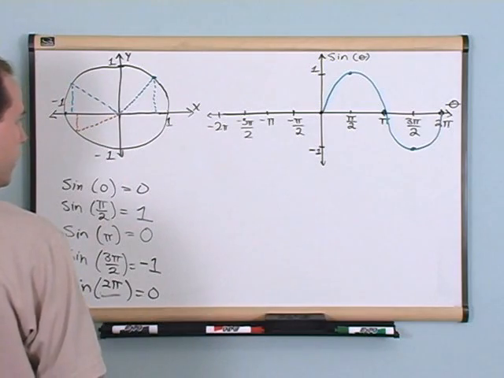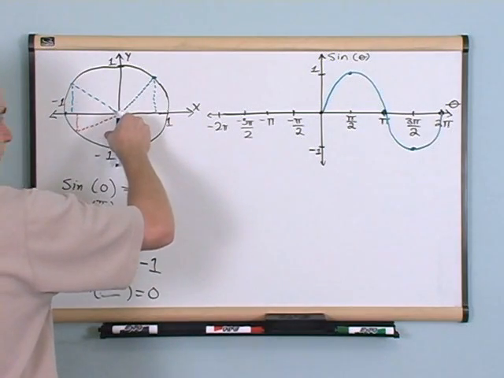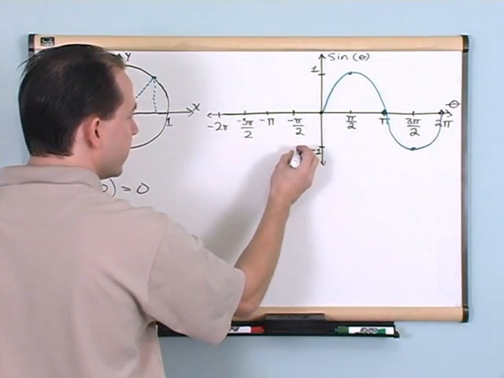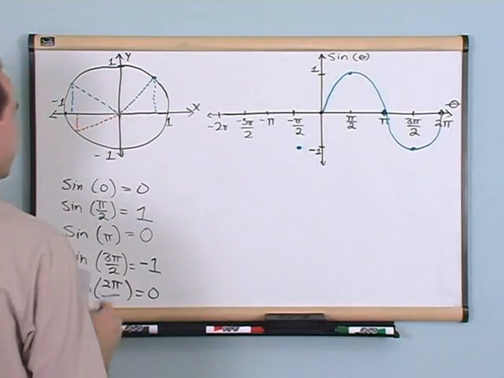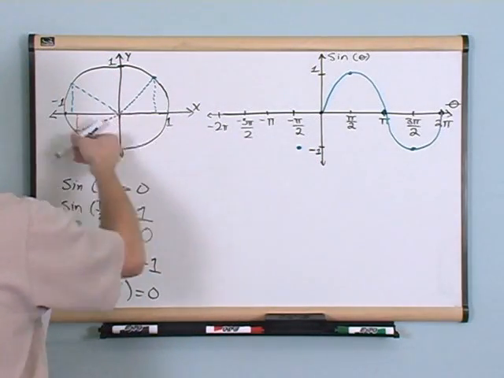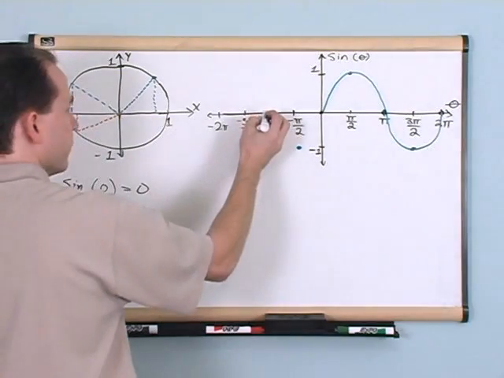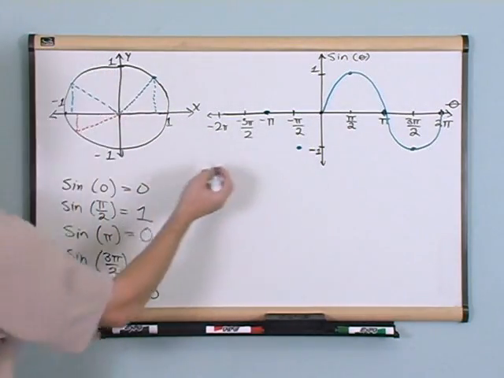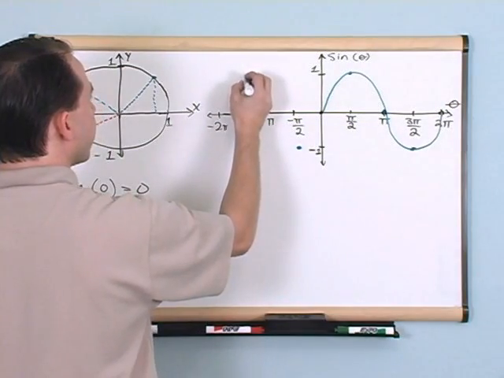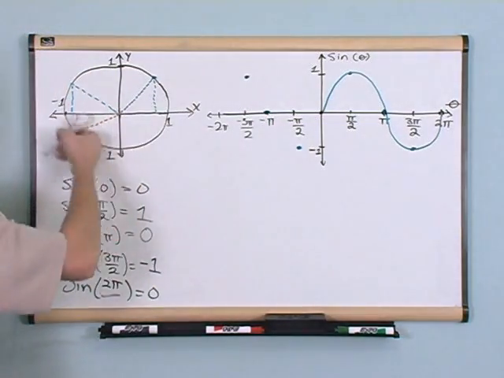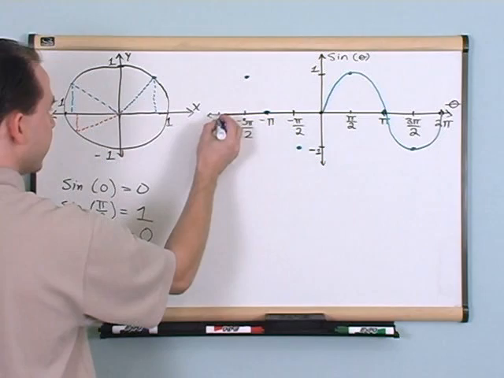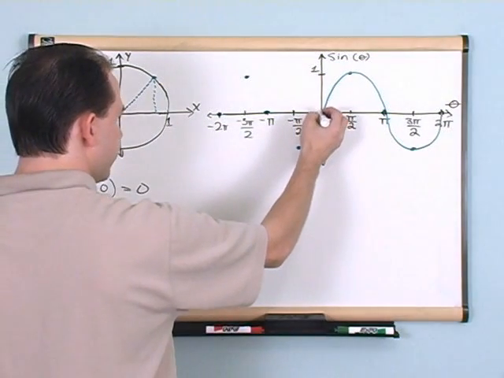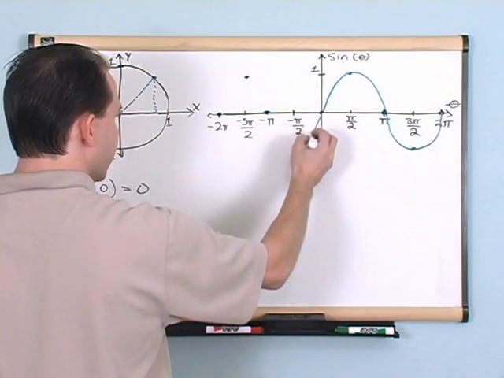Okay, at negative pi over 2, the sine is going to be -1. At negative pi, which is going this way over here, it's going to be 0. At negative 3 pi over 2, it's going to be up here. And then as you sweep around negative 2 pi, it's going to be back to 0. So I will draw this as kind of a dotted line here.